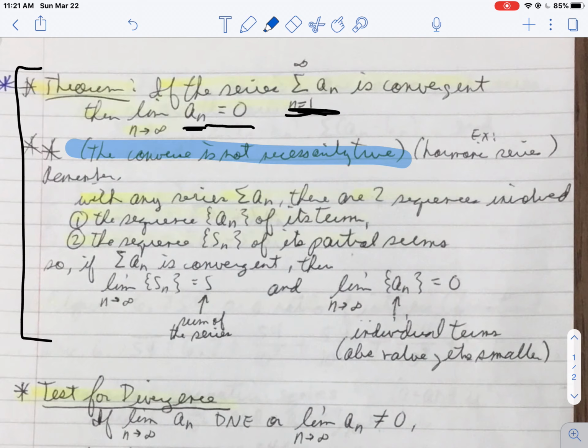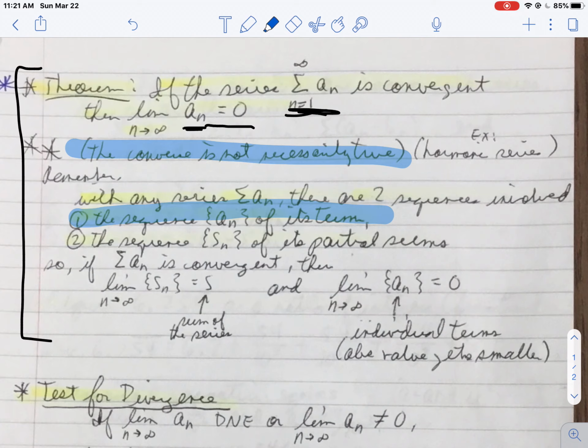So again, remember that with any series, sum of a sub n, there are two sequences in play. First, you have the sequence a sub n of the terms of the series. Right? So if we're just listing out the terms of the series itself, that's what we're talking about above, where the limit of that sequence has to approach 0 in order for the series to converge.